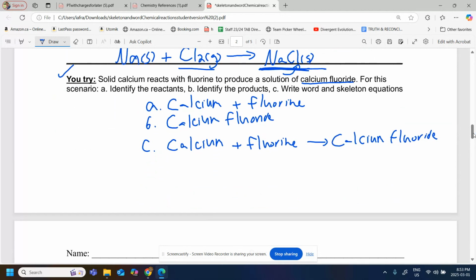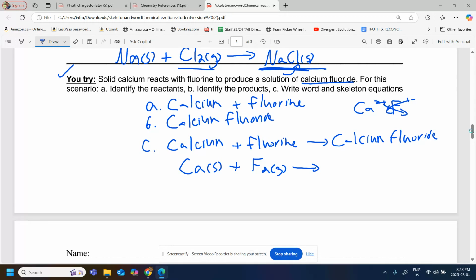So we're told that calcium is a solid, so Ca, solid, plus fluorine, remember that's one of the diatomic ones, so F2, and it's gas based on the diatomic rules that we learned, and also from your data table, produces calcium fluoride.